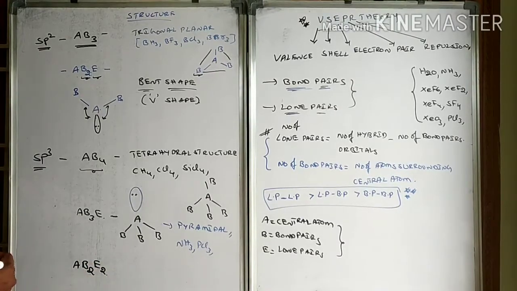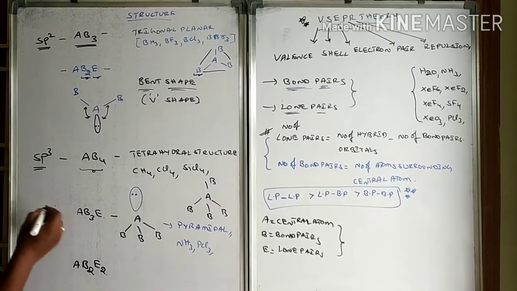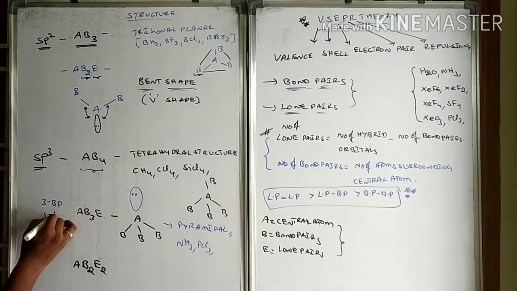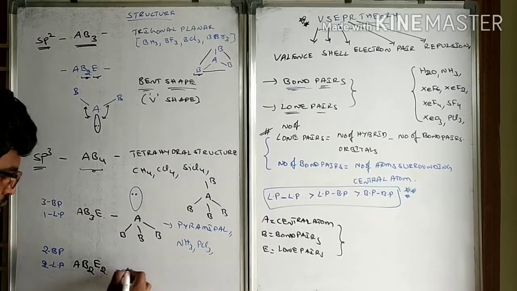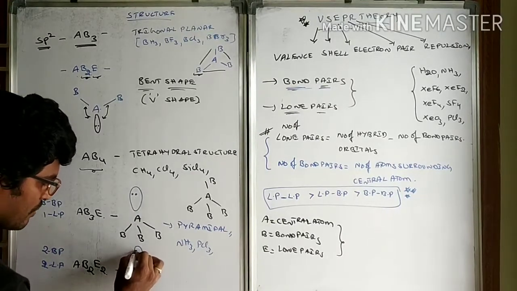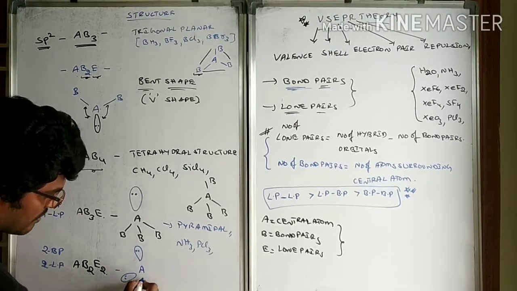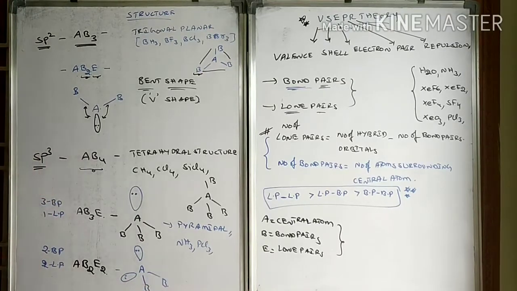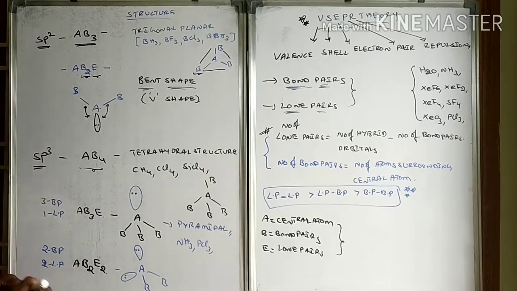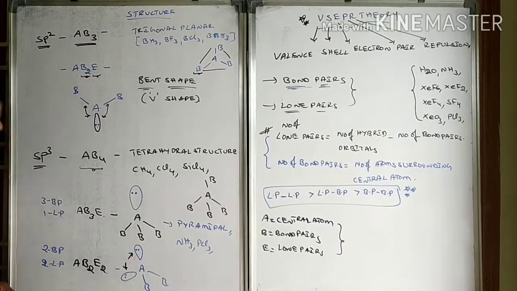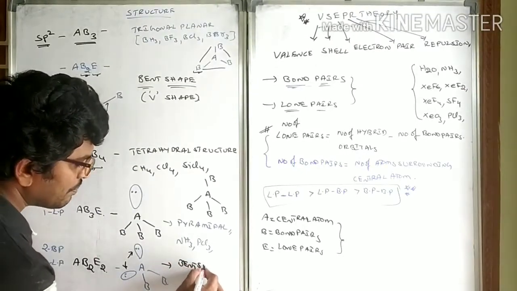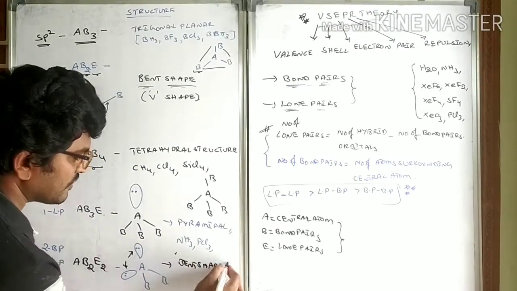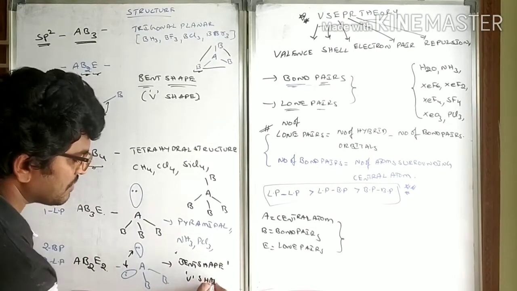In AB3E there are 3 bond pairs and 1 lone pair, and here 2 bond pairs and 2 lone pairs are there. With A in the center, above 1 lone pair will be there and here 1 lone pair will be present, with B and B. If you observe here, the repulsion between the lone pairs will be maximum and hence they will move away from one another, forming a bent shape, or V shape.